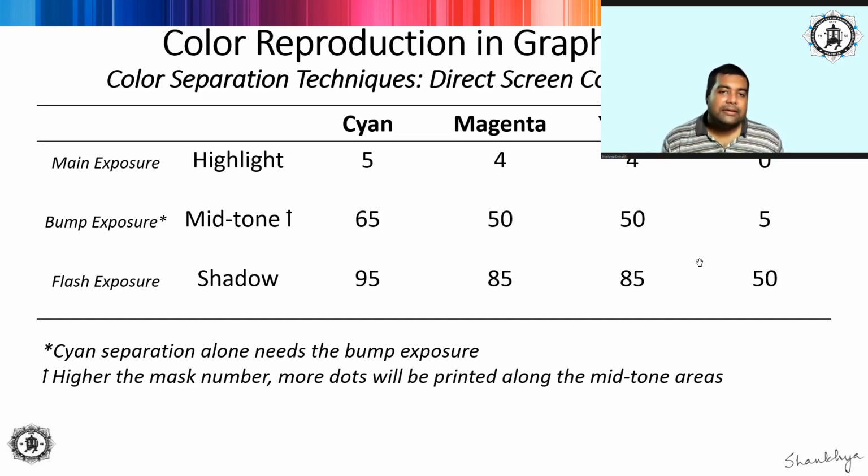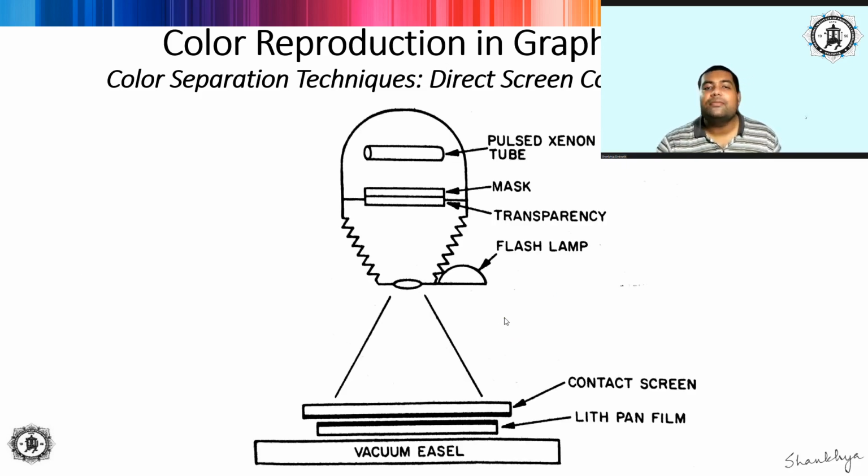There is, you can say, another more sophisticated equipment for preparation of the direct screen method, which I had crossed over here. This one, in this particular case, consists of an enlarger with a pulsed xenon light necessary for the exposures required for direct screen separation negatives.